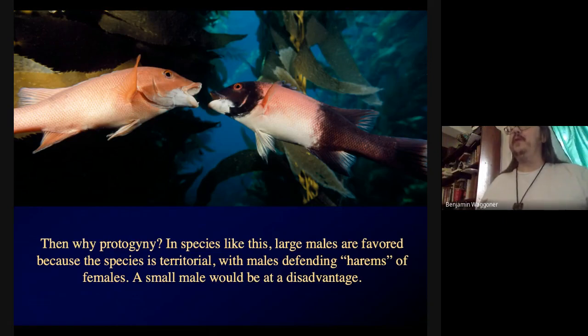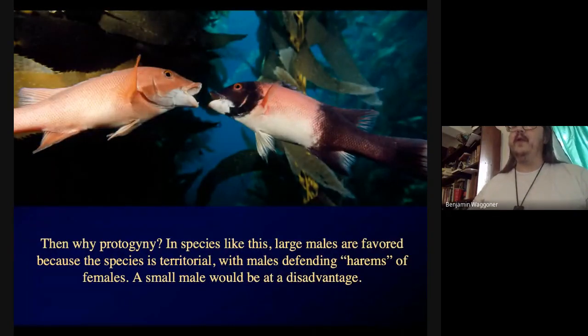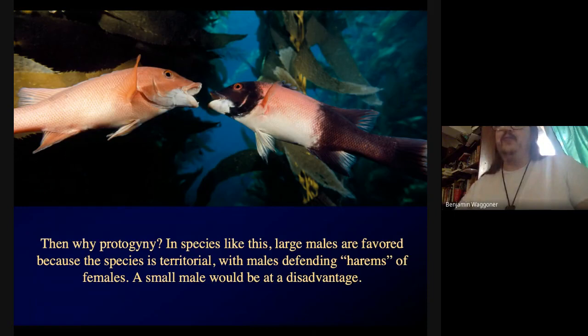So in this circumstance, if you're small, it's better to be female, because a small male won't get to mate at all. A small female will still get to reproduce. And when that small female gets large, she can become a male and mate with multiple females and produce the largest number of offspring that way. So these different strategies all make sense. Each one is advantageous in different circumstances.